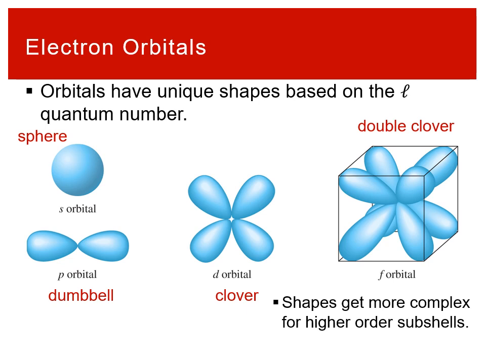As we see S, P, D, F, we know that's the L quantum number increasing, and unsurprisingly, the shapes become more complicated.